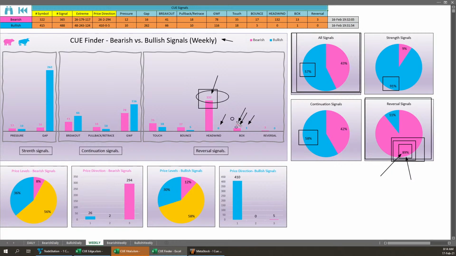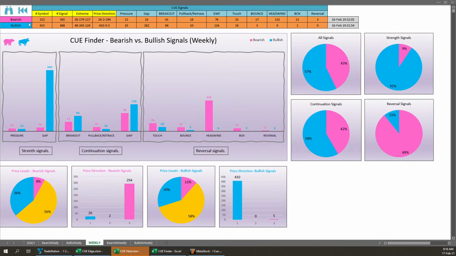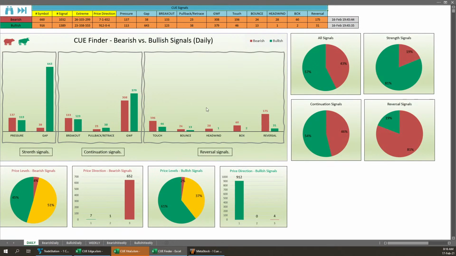These two are worth noting, the large number of bearish headwinds and the lesser but relatively large number of bearish box setups in the weekly period. If the market rolls over, this may give low risk shorting opportunities. What about yesterday's picture?